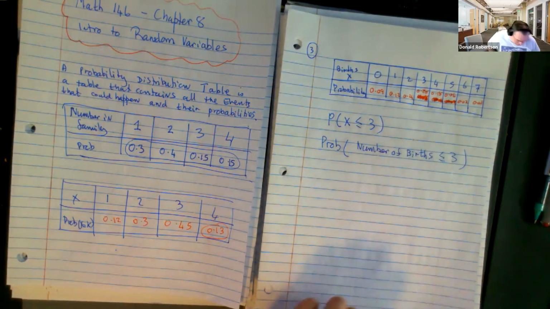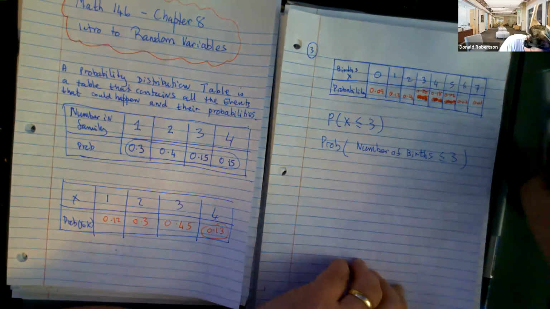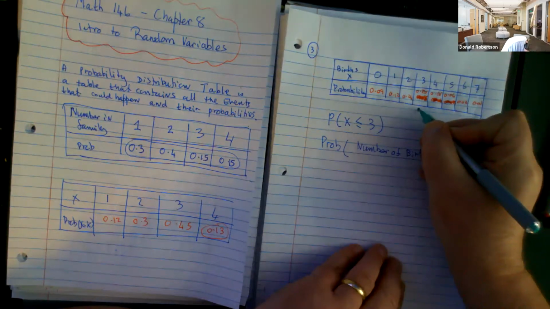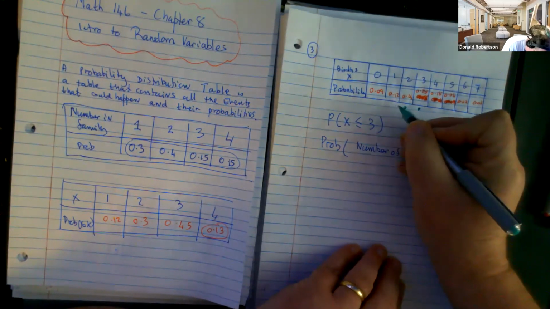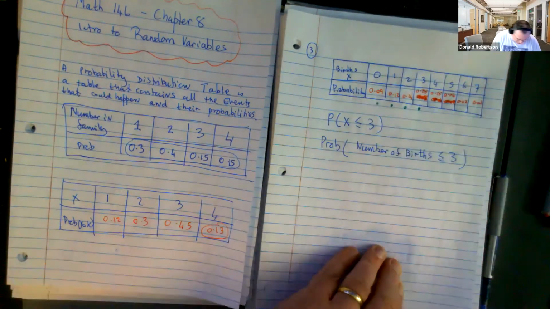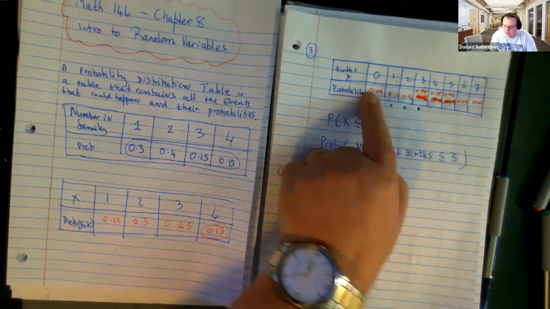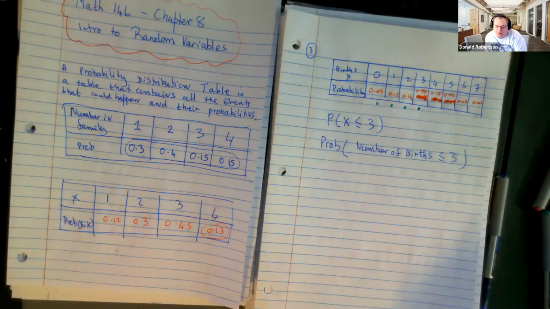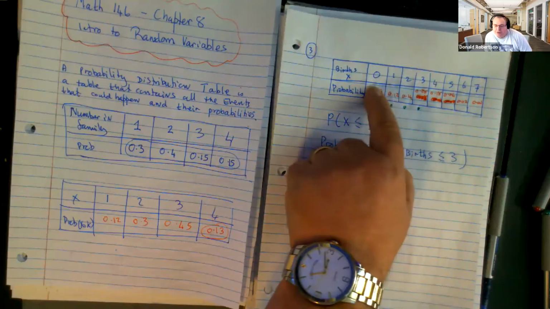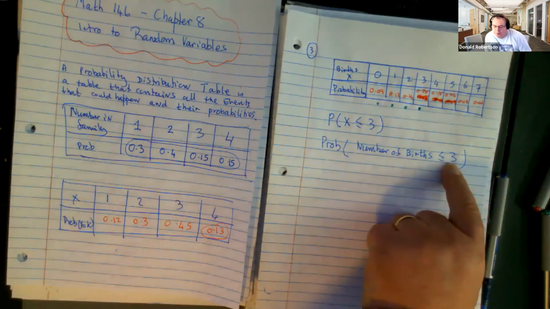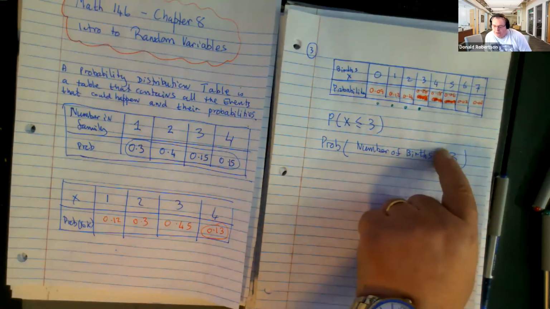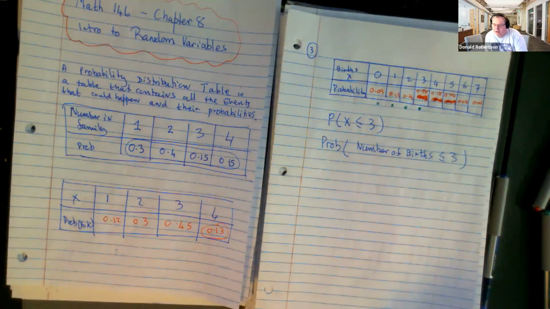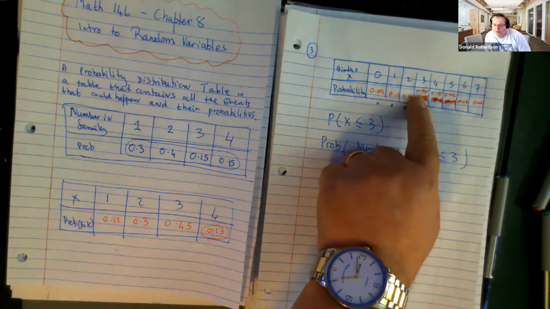Now, when you go to this table, less than or equal to 3 means you could be 3 or less, right? That's another way of saying it. And isn't it those 4 events? What do you think you do to these 4 decimals that would give you the probability that the number of births is less than or equal to 3?